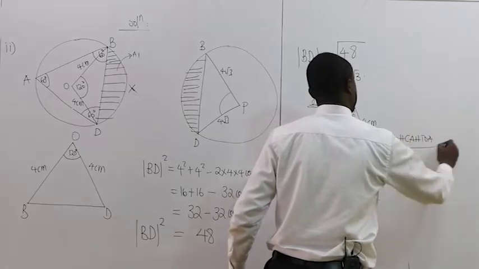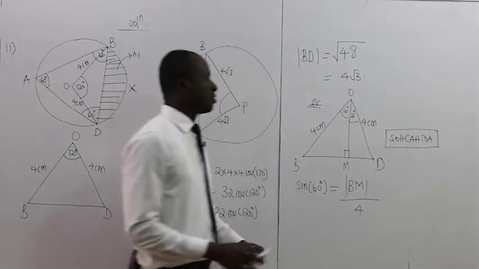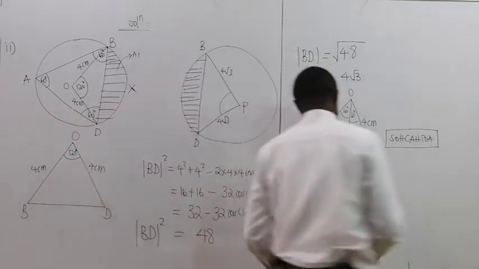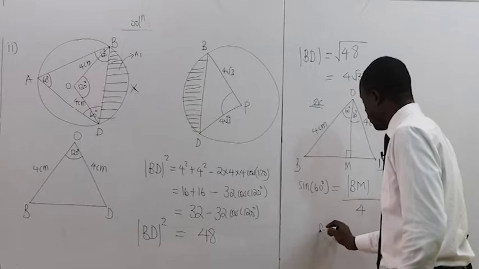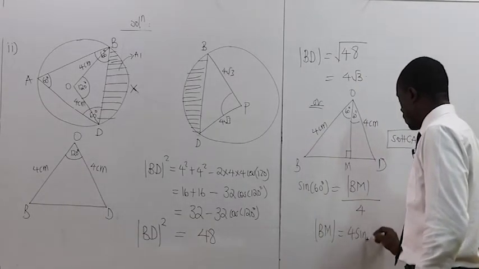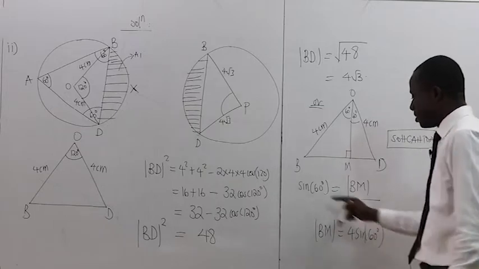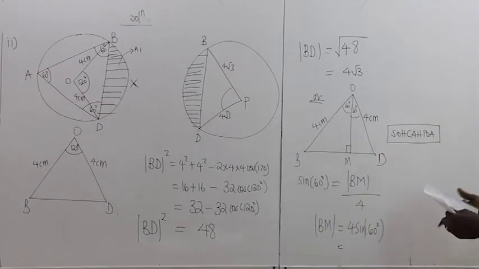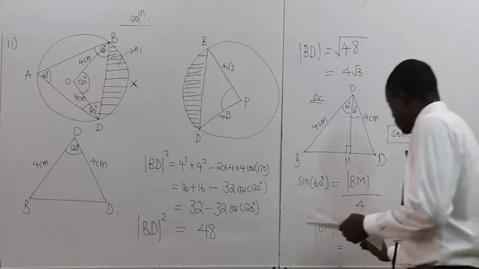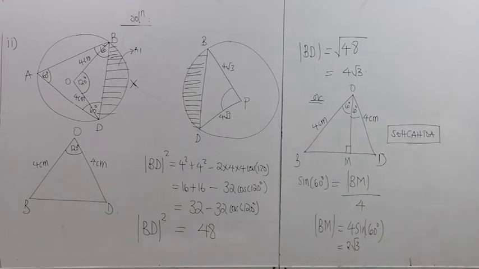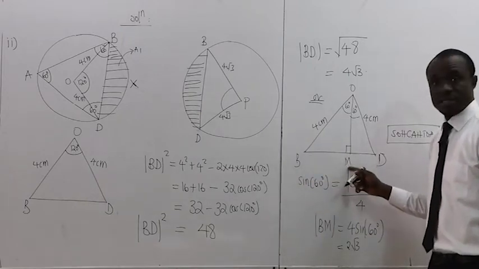So clearly from here, our BM is equal to 4 sine 60 degrees. Multiplying that, 4 sine 60 degrees is giving us 2 root 3. But then BM is the same as MB.